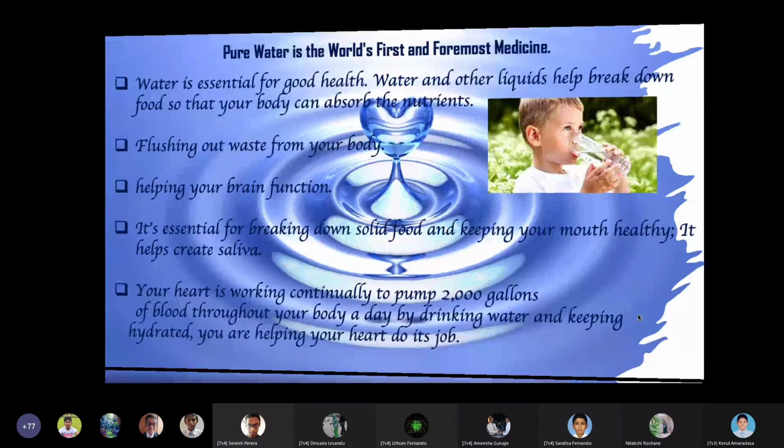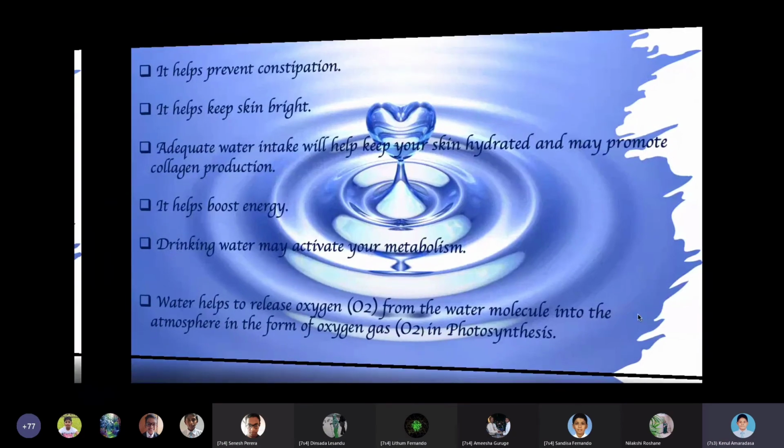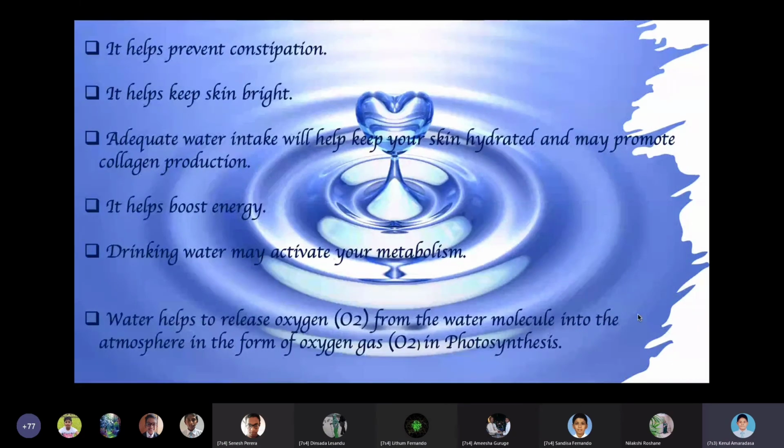It also helps prevent constipation. It helps keep your skin bright. Adequate water intake will help keep your skin hydrated and may promote collagen production. It also helps boost energy. Drinking water may activate your metabolism.